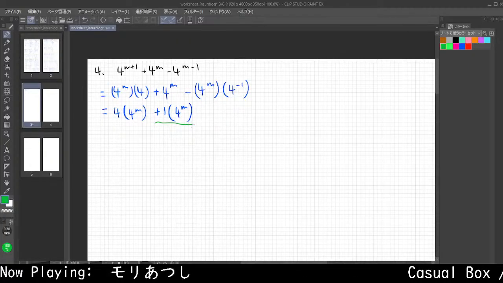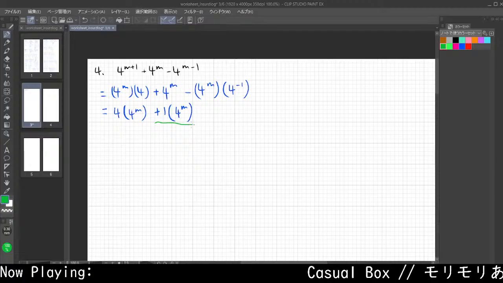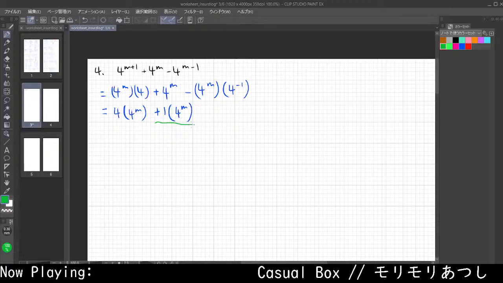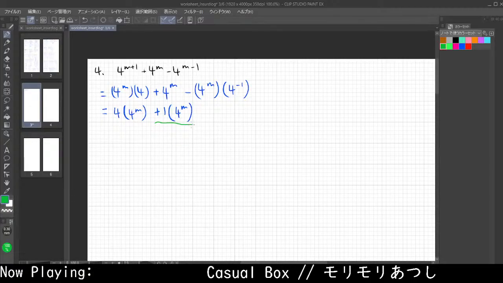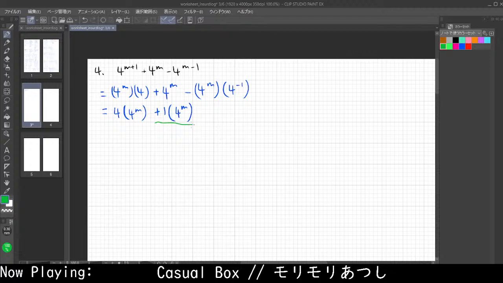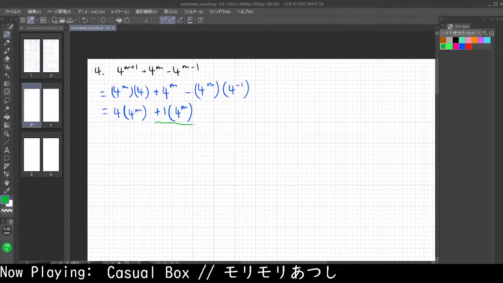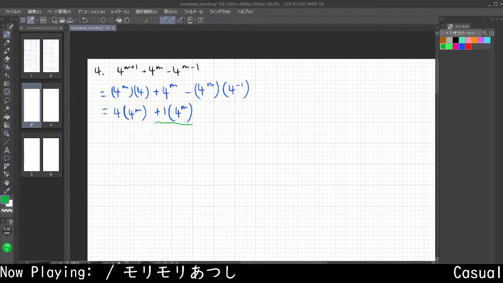Therefore this makes it easier to see that, oh, I have 4 plus 1 for the 4 to the m, so it's 5, right? So this is what you want to do to make yourself clearer about it.